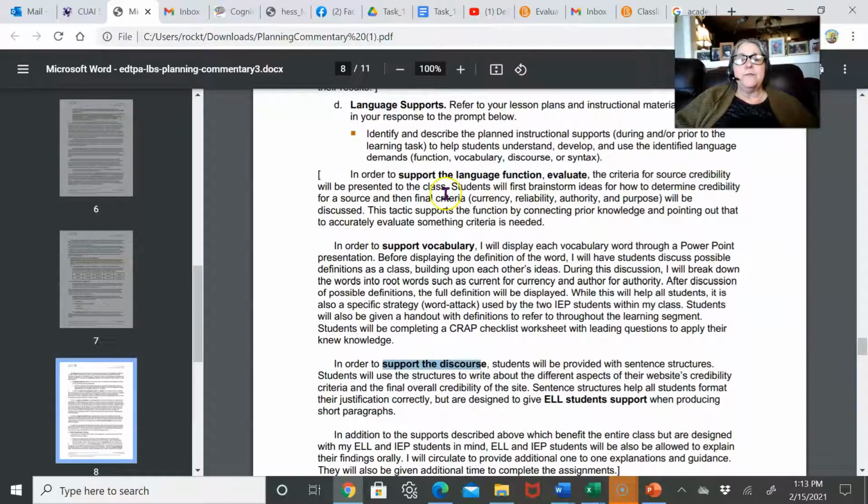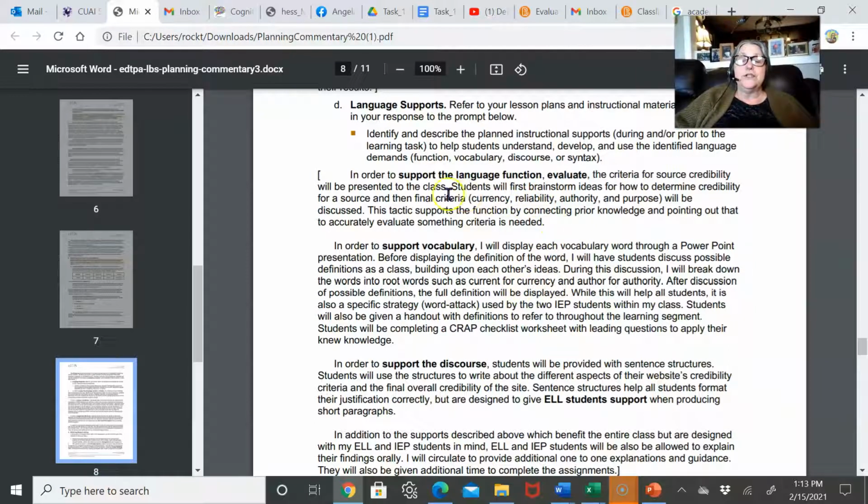Now, I want you to notice what she's done here. She's taken so much care to very carefully bold this to support the language function, evaluate, to support vocabulary. So it's very clear to the scorer that here's the evidence for function supports, here's the evidence for vocabulary supports.